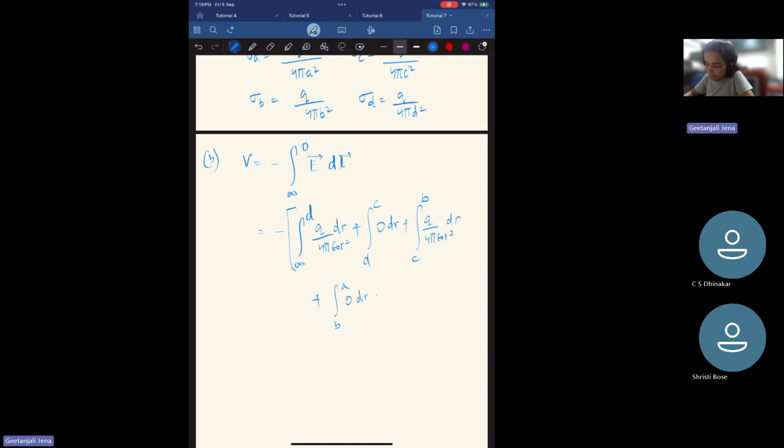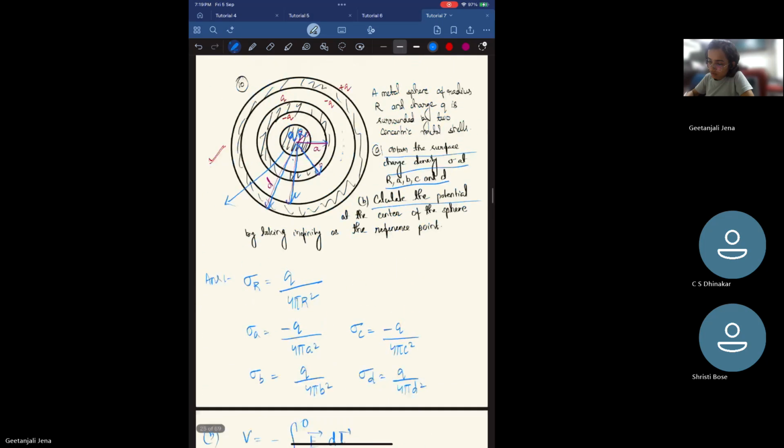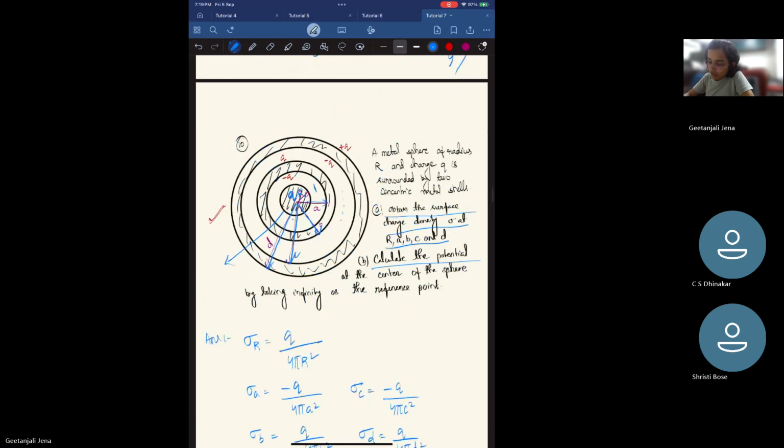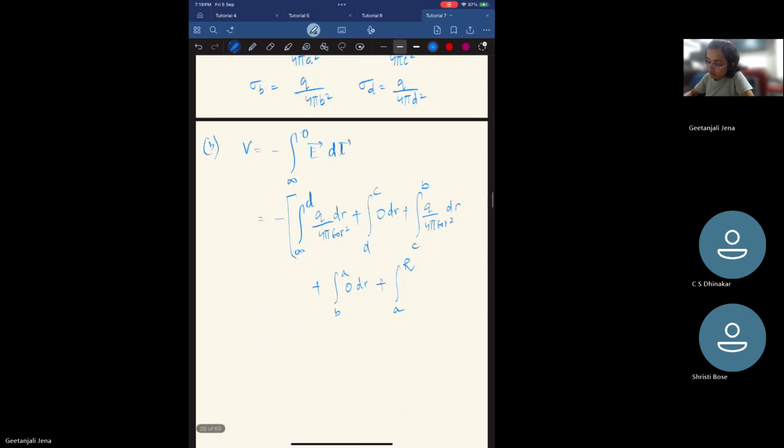And from A to r, here it is Q by 4 pi epsilon naught r squared dr. And inside the metal sphere, it is 0.